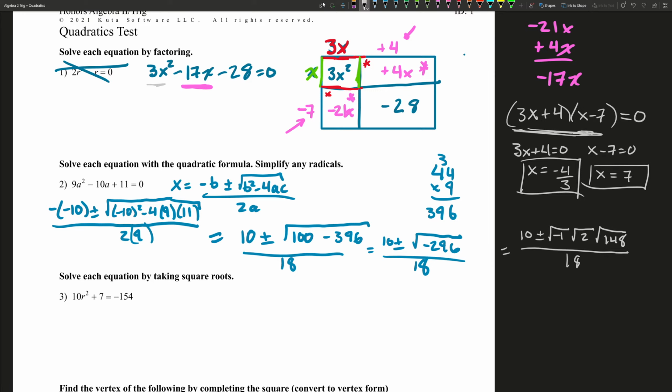I realize these aren't perfect squares, but I'm trying to get it to that. Then we have 10 plus or minus, and i gets rid of the square root of -1. We can factor out another 2. 148 divided by 2 is 74. So I think there's a better way to do this.